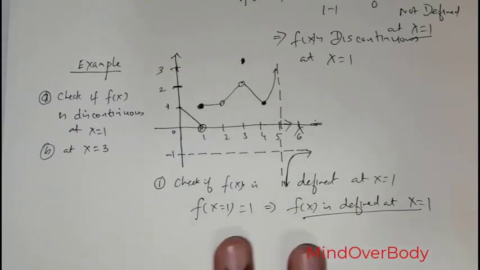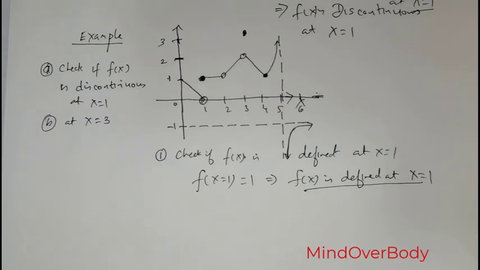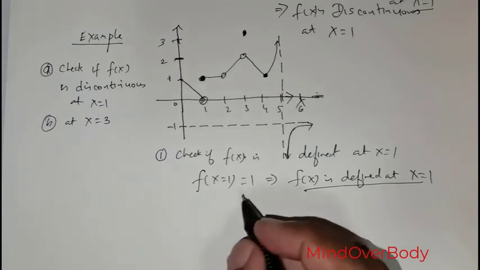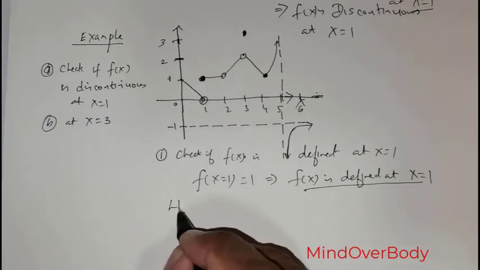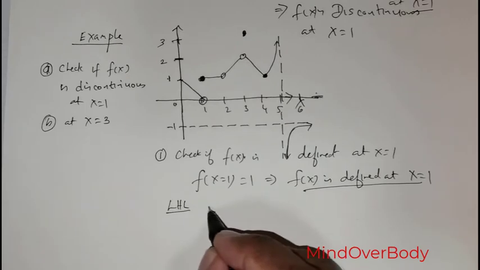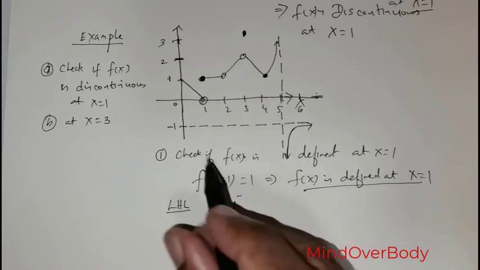So that's fine. Now the second thing you will have to find out, after this check, is to get the left hand limits and right hand limits and see if they are equal. Now let us check the left hand limit, x approaching 1 from the left side.